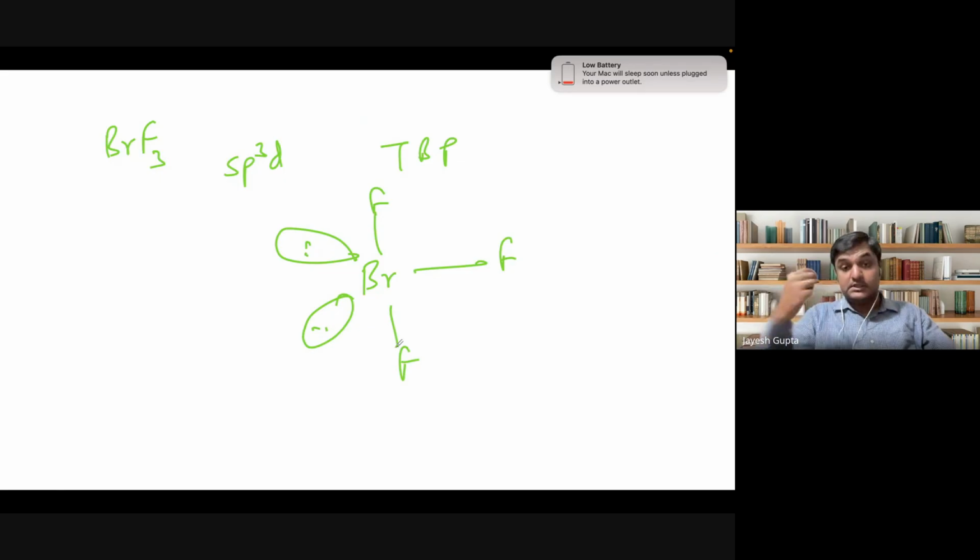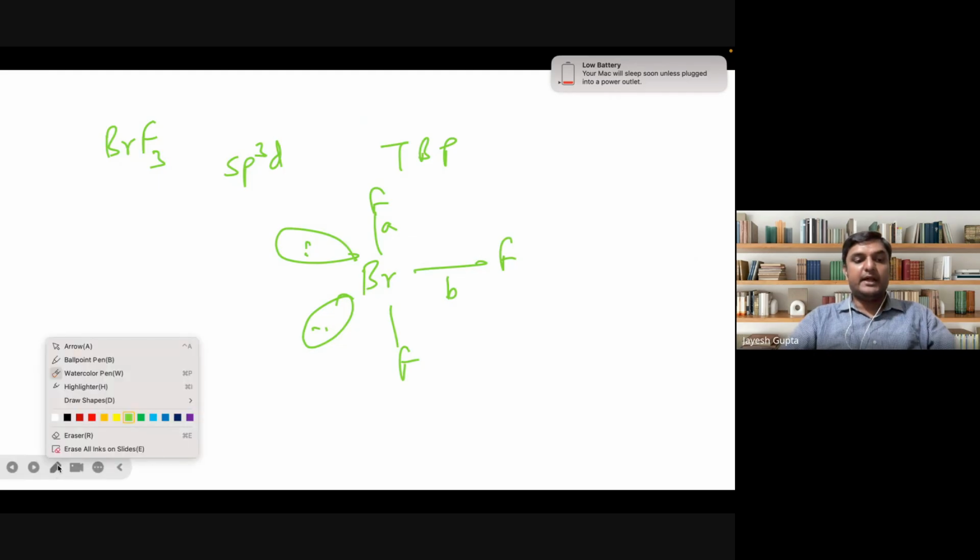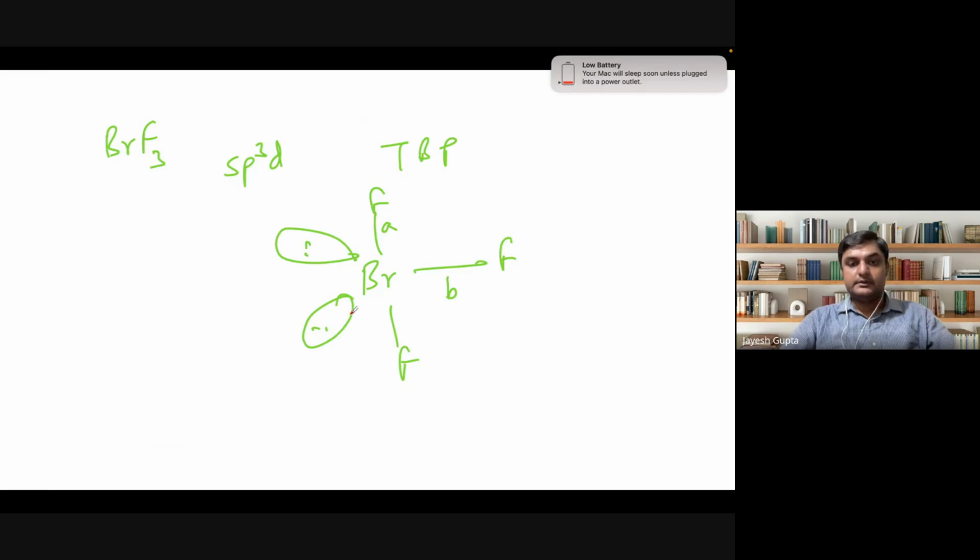Now if I take this as B and this as A, the equatorial bond angle will be 120 degrees and this will be 90 degrees. So higher bond angle, more percentage s character, shorter bond length.